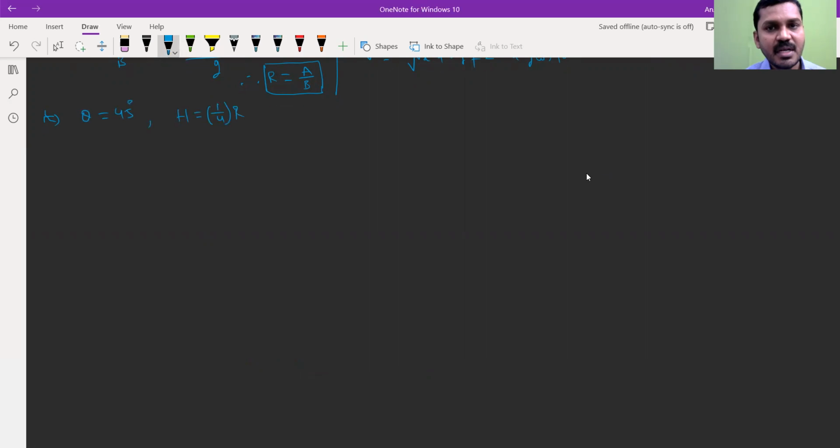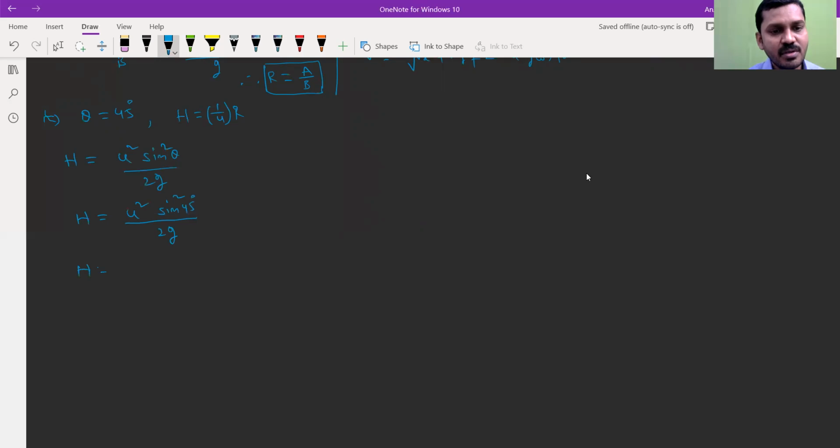Now I am taking these two equations, maximum height and range, separately. First I am taking the value of h. We know h = u² sin² theta/2g. So h = u² sin² 45 divided by 2 into g.